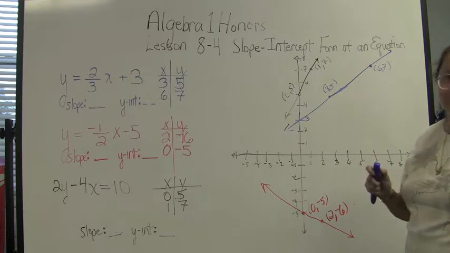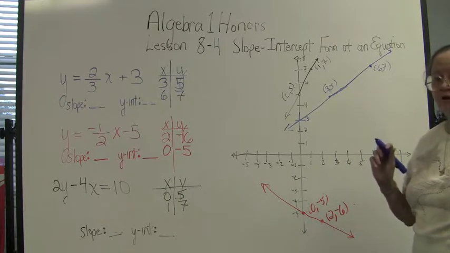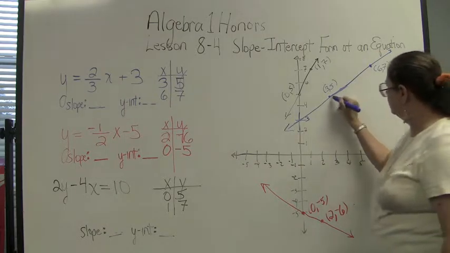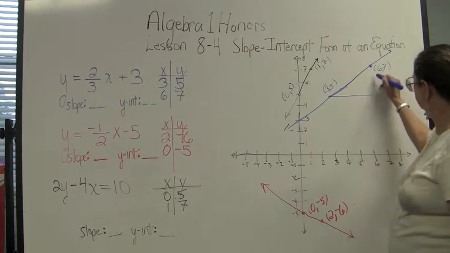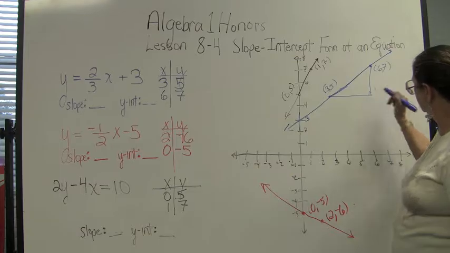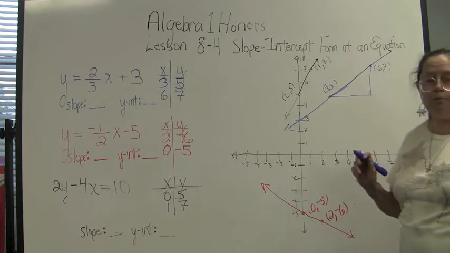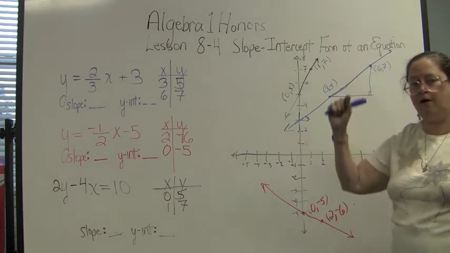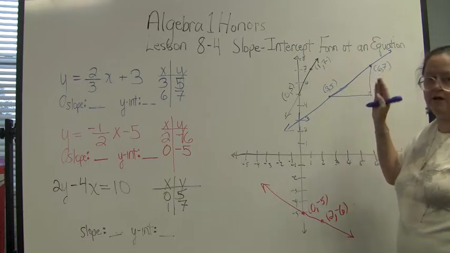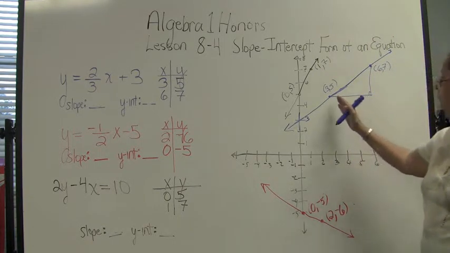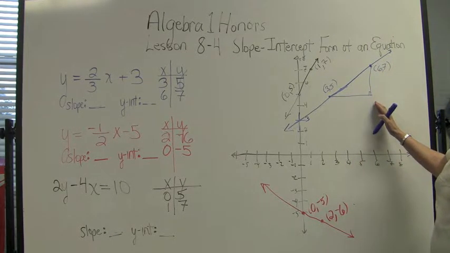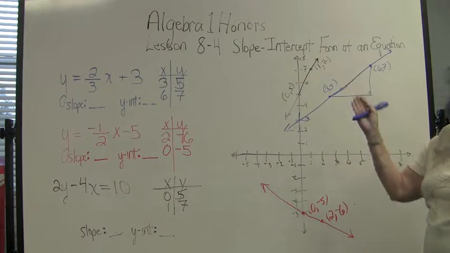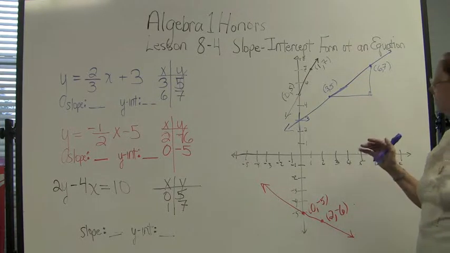So let's start with the blue line. Okay, and you've already done slope. So slope, we draw our little right triangle here. There's our little right triangle. And slope is the rise, the up and down motion, from one point to the next, over the horizontal motion. It tells you how steep the line slants. Okay?